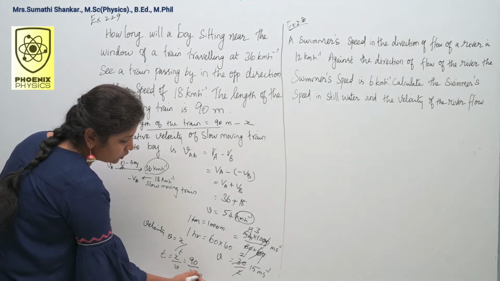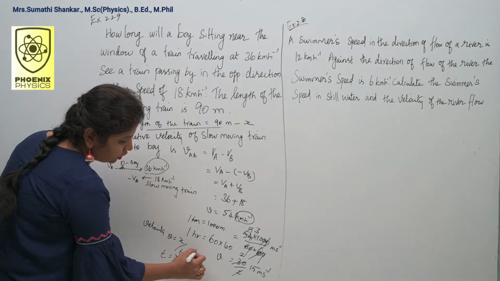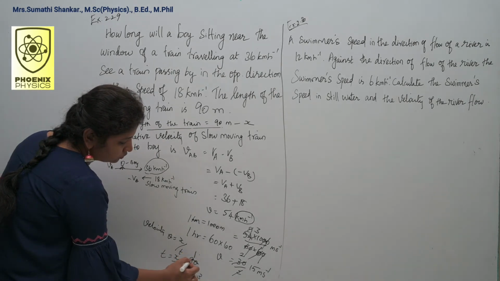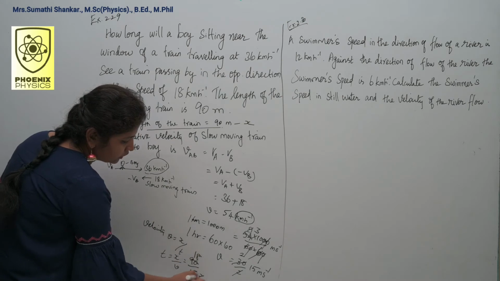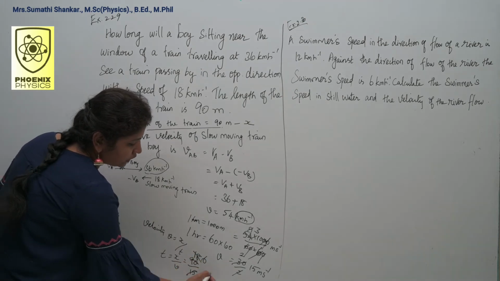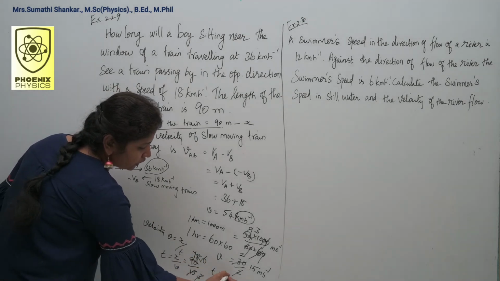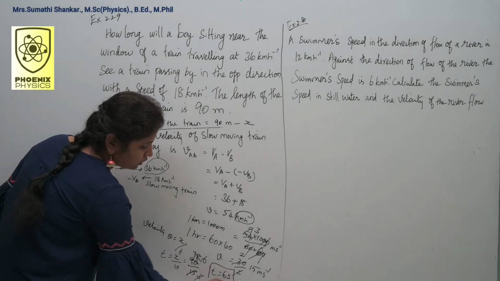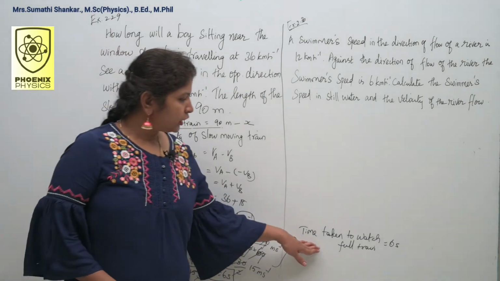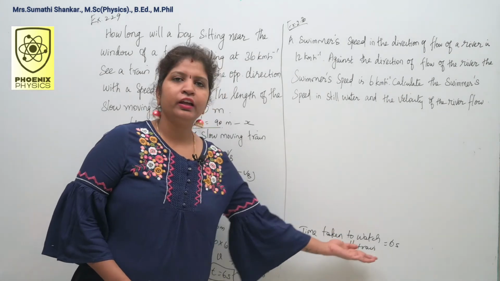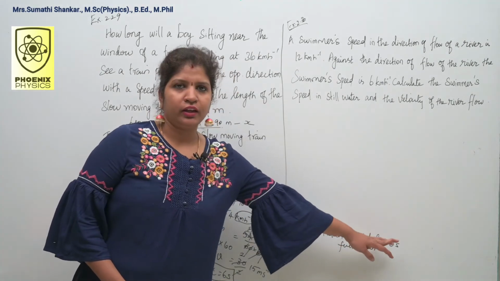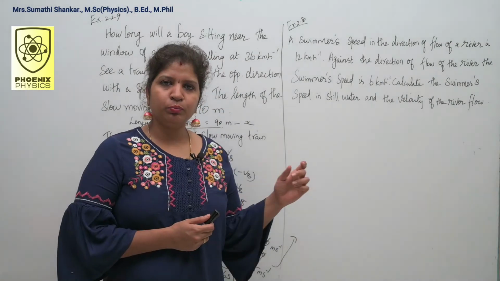So cancel the zeros, then 9 by 5, that is 1.8, and t is equal to 6 seconds. So this is our answer. Therefore, time taken to watch the full train is equal to 6 seconds. Up to this clear? Next problem.